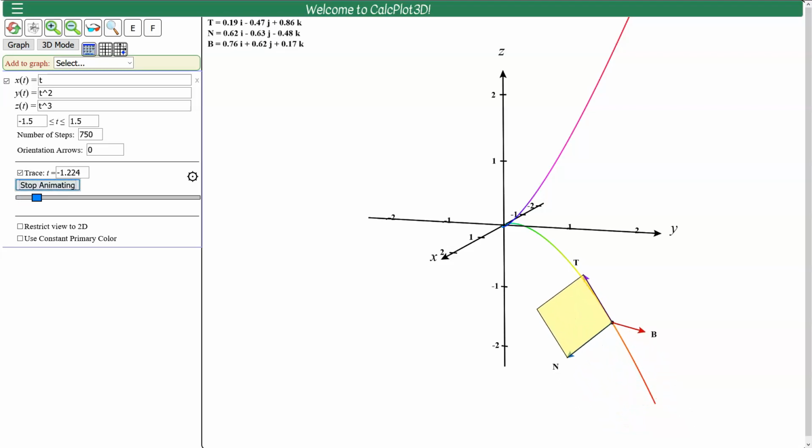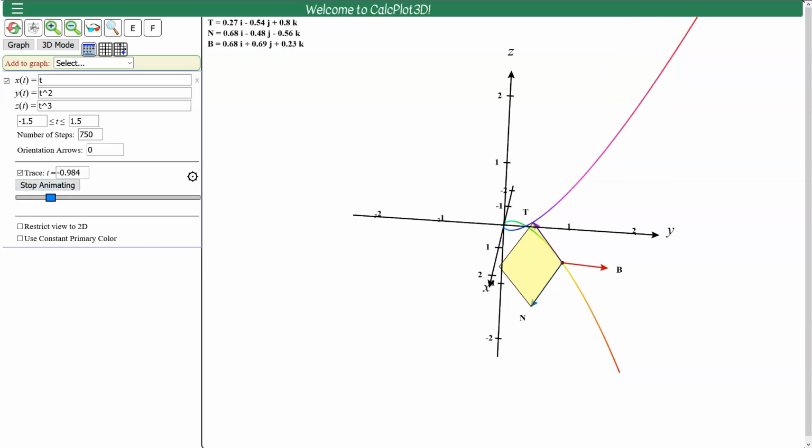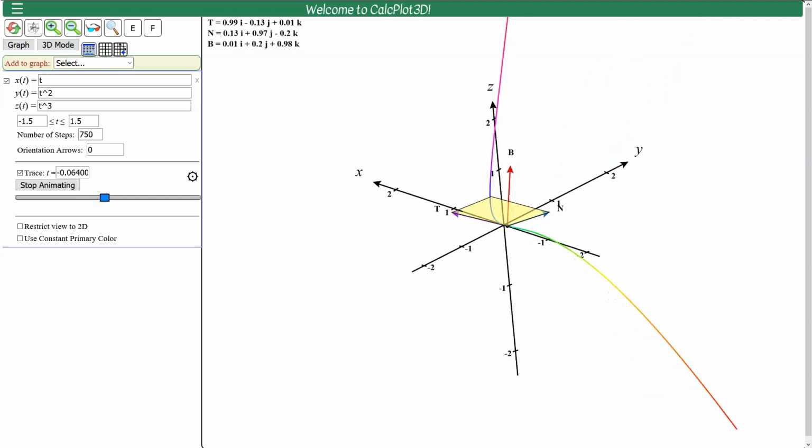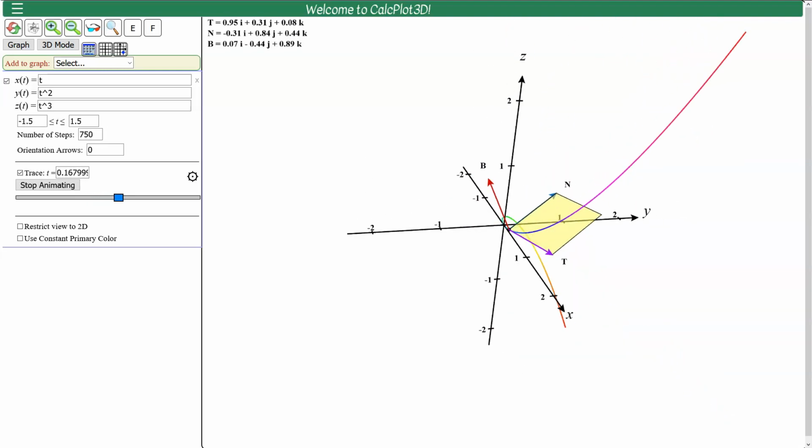There it moves along. Now notice it's going to kind of twist. That's why it's called a twisted cubic. It's going to twist along there. And there it goes. And it's going to go off forever.